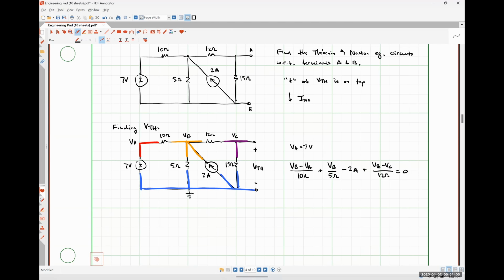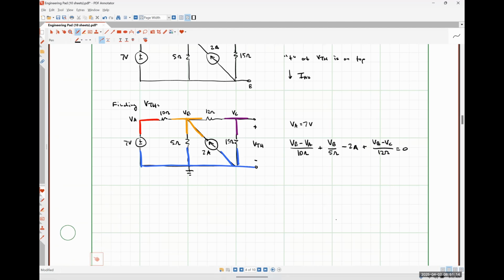Now somebody tell me what my KCL equation at VC is going to look like. So VC minus VB over 12 ohms plus VC over 15 ohms is equal to 0, right?